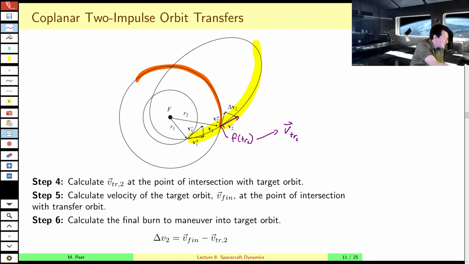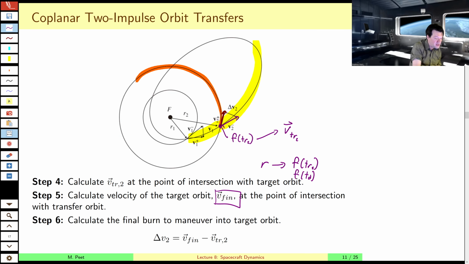Now you calculate the same velocity vector for your desired orbit at that same point. Both of these steps are relatively easy to do because you can solve the polar equation. So remember, if you know this position vector, you know the radius R, and you can use that R to get both FTR at 2 and F on your desired orbit. So you can get both of those numbers. Then, armed with those true anomalies, you can get the velocity vector on your desired, your final orbit.